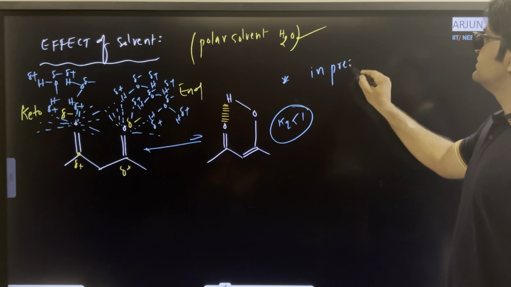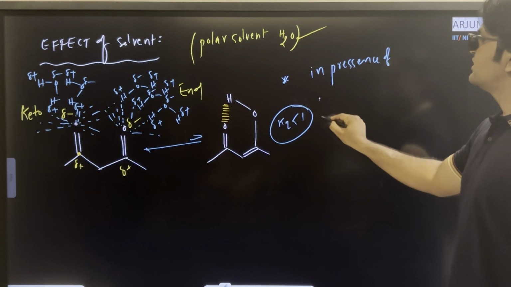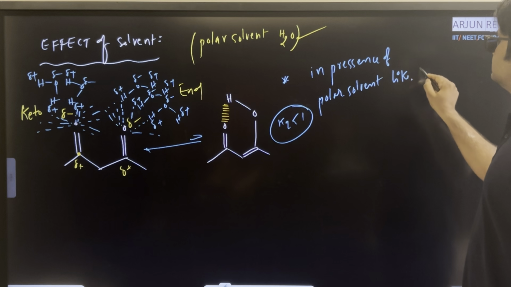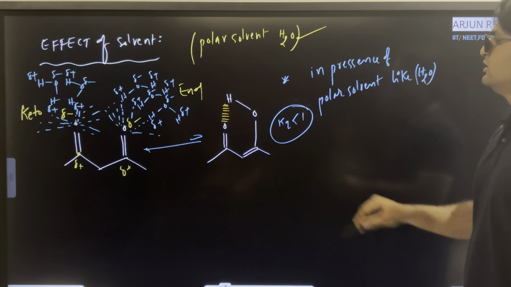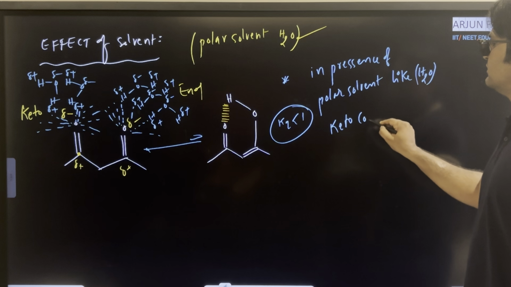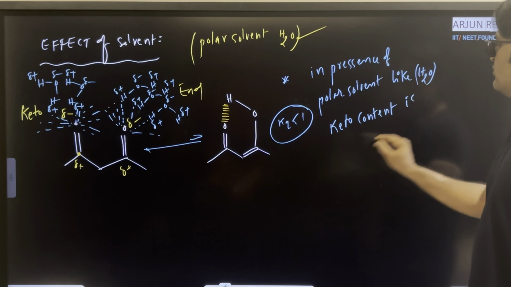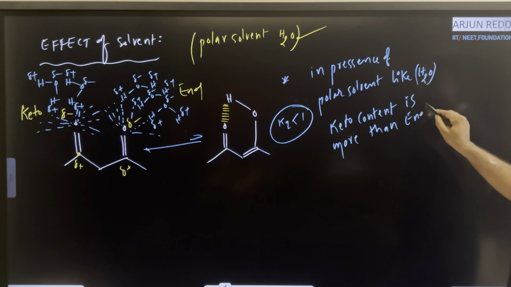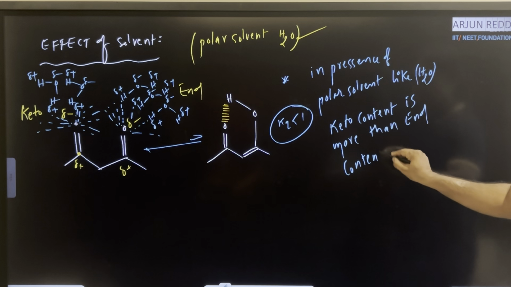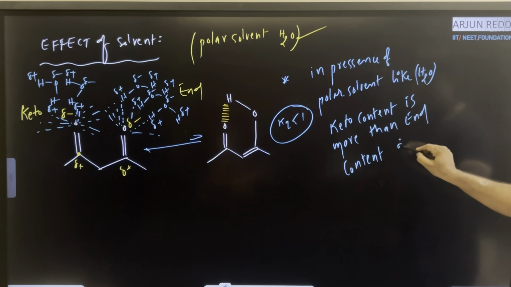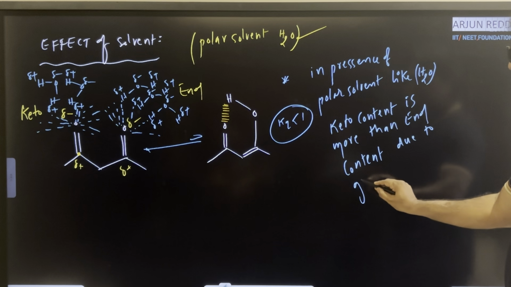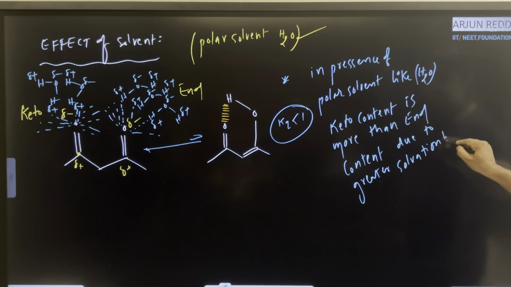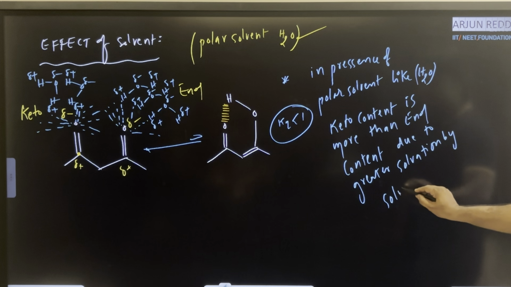In the presence of a polar solvent like water, keto content is more than enol content due to greater solvation by water particles or solvent particles.